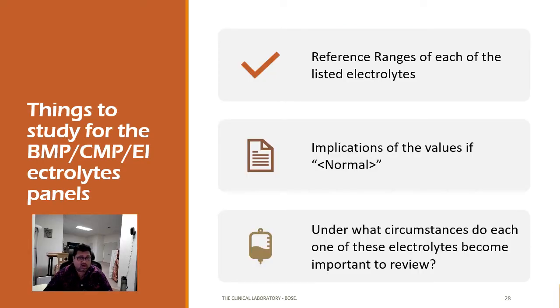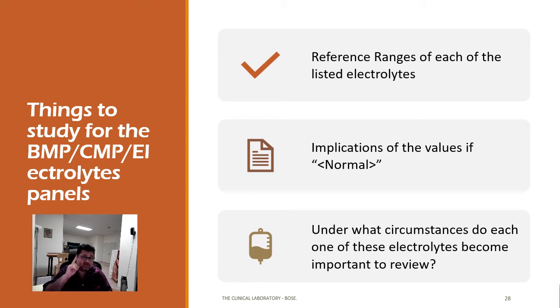So what are the things that you want to study for the basic metabolic panel or the comprehensive metabolic panel or the electrolytes panel? You need to know the reference ranges of each of the listed electrolytes. What are the implications of the values if the values are less than normal or more than normal?